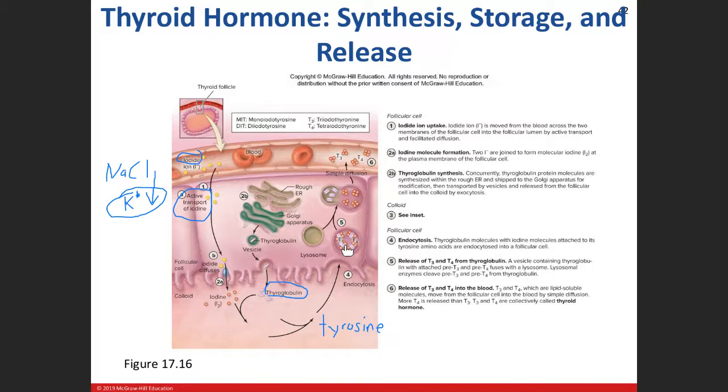So then at that point, it's just T3, T4, and that's going to be your thyroid hormones. One's active, one's inactive. The active form, the T3, is not in an abundant amount. There's a lot more T4 made, but most of the cells, when that T4 gets to that cell, will convert it into T3 and activate it.